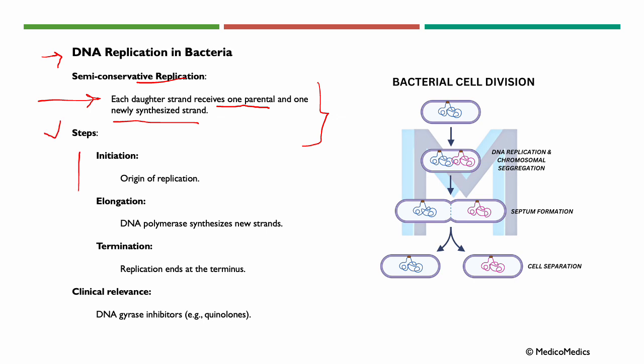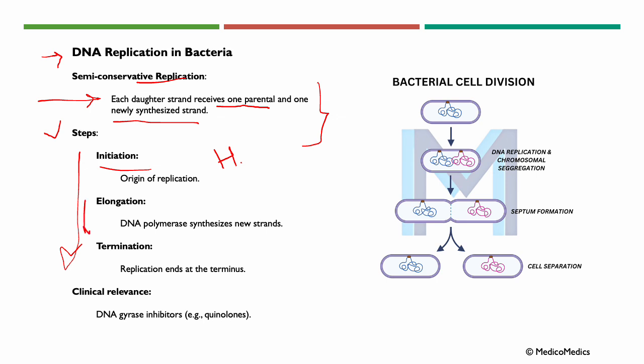Now, steps involved here are initiation. This begins at a specific origin of replication, a unique sequence where replication machinery assembles. Then we have the enzyme helicase, which unwinds the double helix, creating a replication fork. Then we have something called single-strand binding proteins that stabilize this unwound DNA.